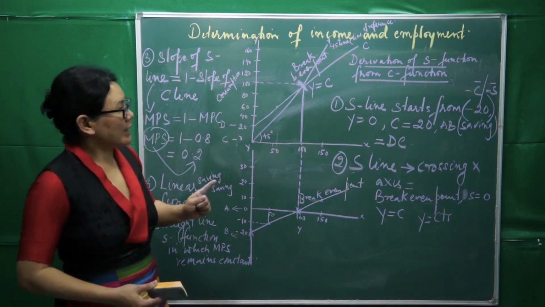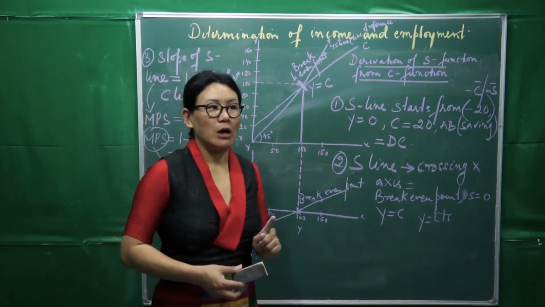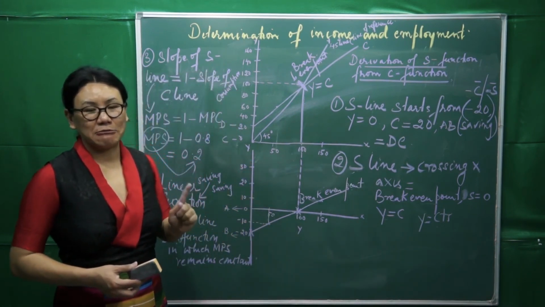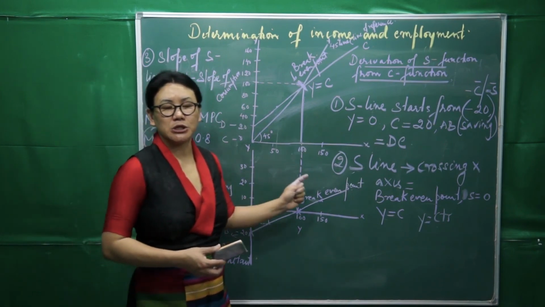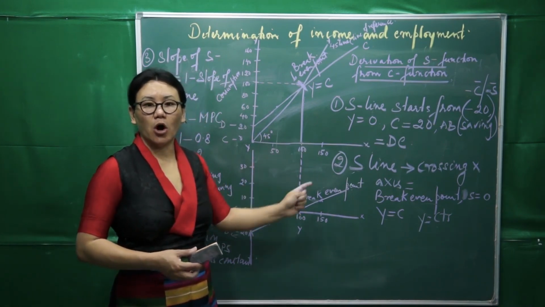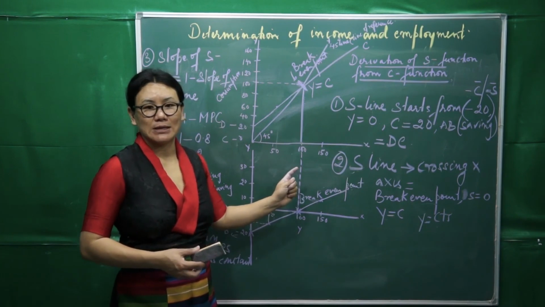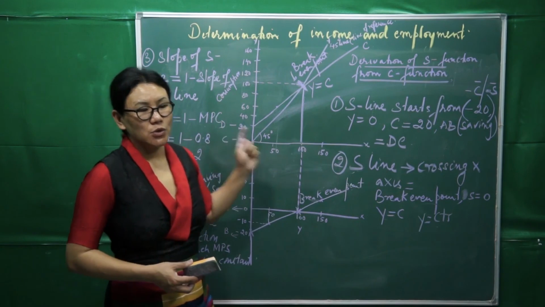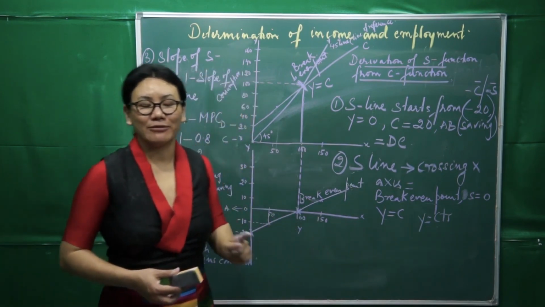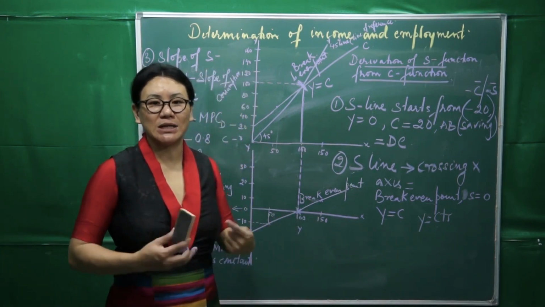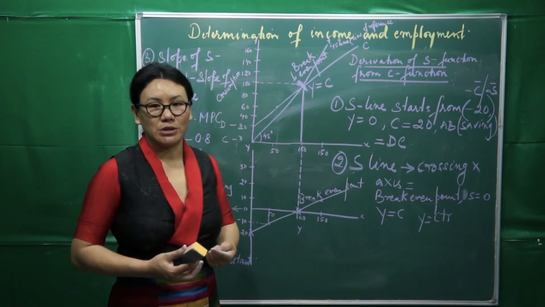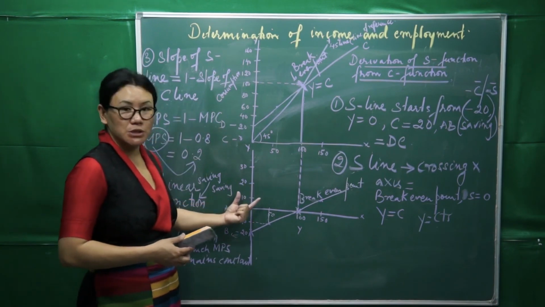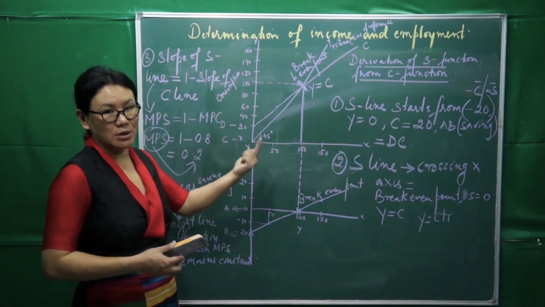Then after that, we went for algebraic presentation of saving function. In that, the description was on the components of the saving equation. So, using the equation, if we have the consumption function equation, we can easily derive the saving function equation also. And the final presentation is about the derivation process.